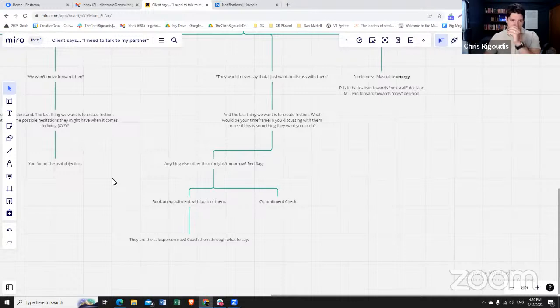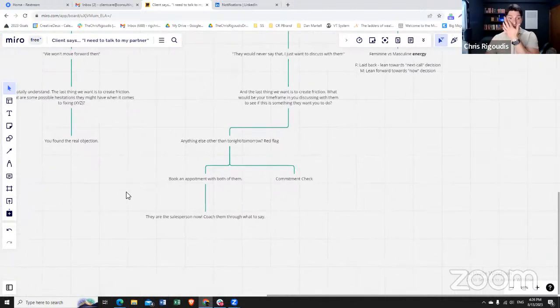Next step, I'm going to book an appointment with both of them. But before letting them go, you have to realize that the person on the call now turns into the salesperson. If I let them go and we book an appointment for tomorrow, what might happen is they leave the call, show their partner the $5,000, $10,000, $20,000 or $2,000 price tag, and they cancel the call and say thank you.